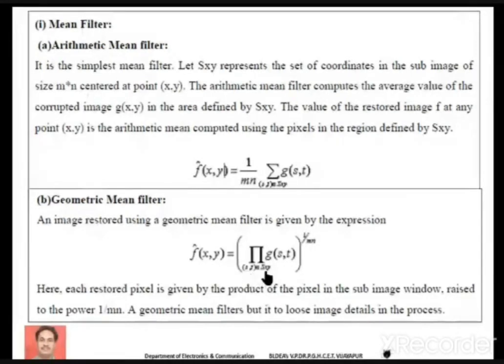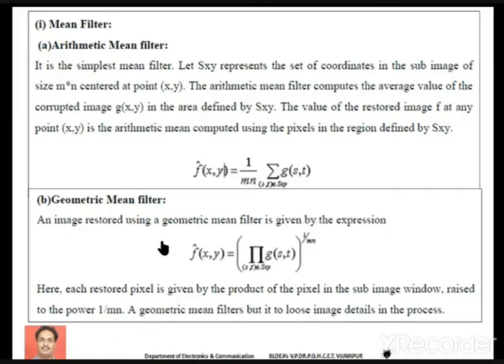Remember, capital Sxy represents the set of a mask, say a 3 by 3 window, where x comma y is the center pixel. This is the equation we use to compute the pixel which is to be replaced. It is simply the product of the pixels raised to 1 by m into n. This is how we carry out the geometric mean filtering operation.